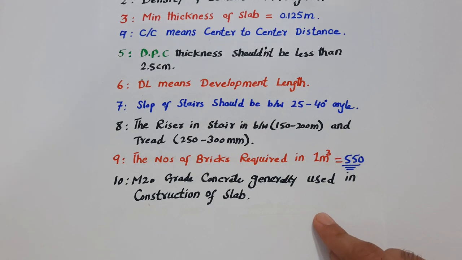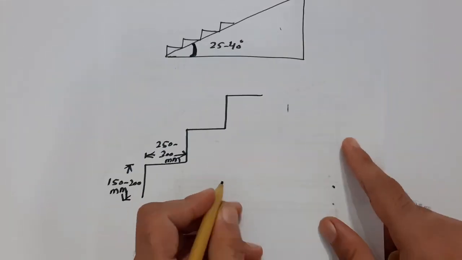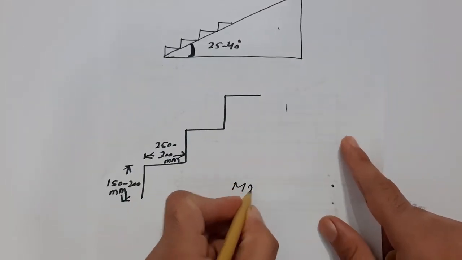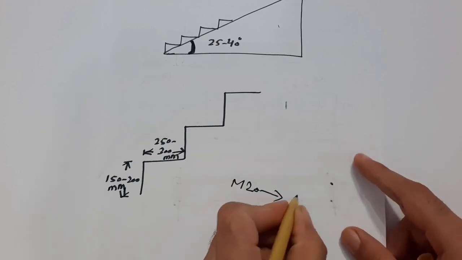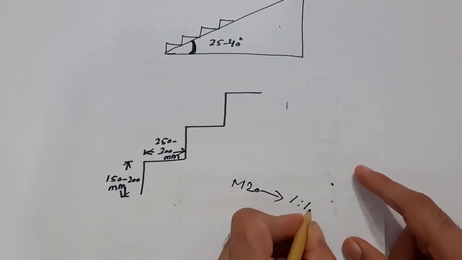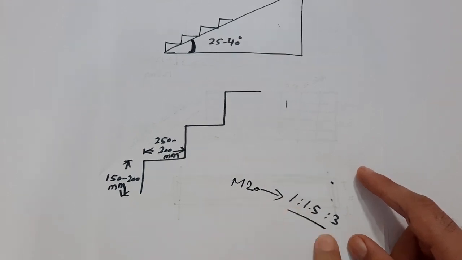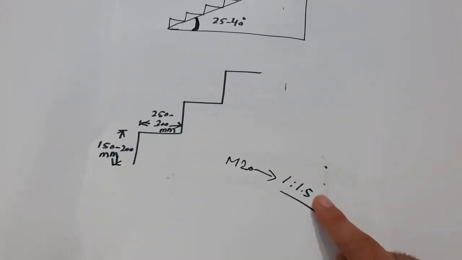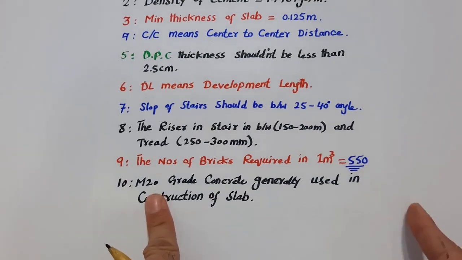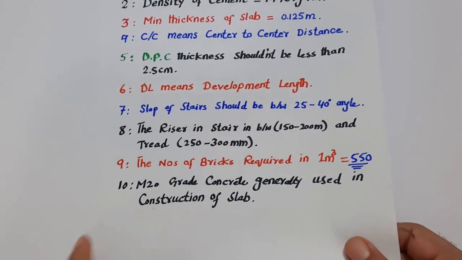M20 ratio is 1:1.5:3. This is the ratio of concrete for M20, generally used for the construction of slab.